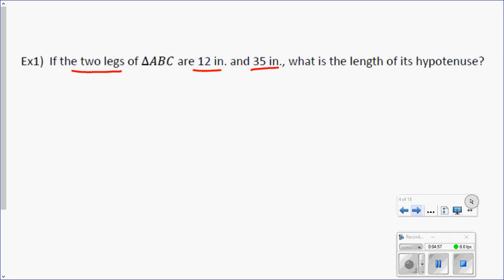Don't make something that looks like this and call this the right angle or something. Make it pretty obvious which one is the right angle. And your legs would be 12 and 35 inches.